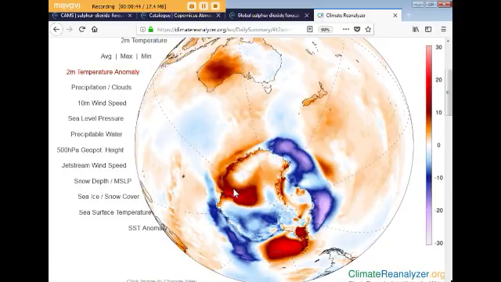And also on the east part up here, the northeast part of Antarctica, it's really warm like that too. Now, it's also warmer in the area where that Pine Island Glacier is. But it's cooler in the ocean around it.